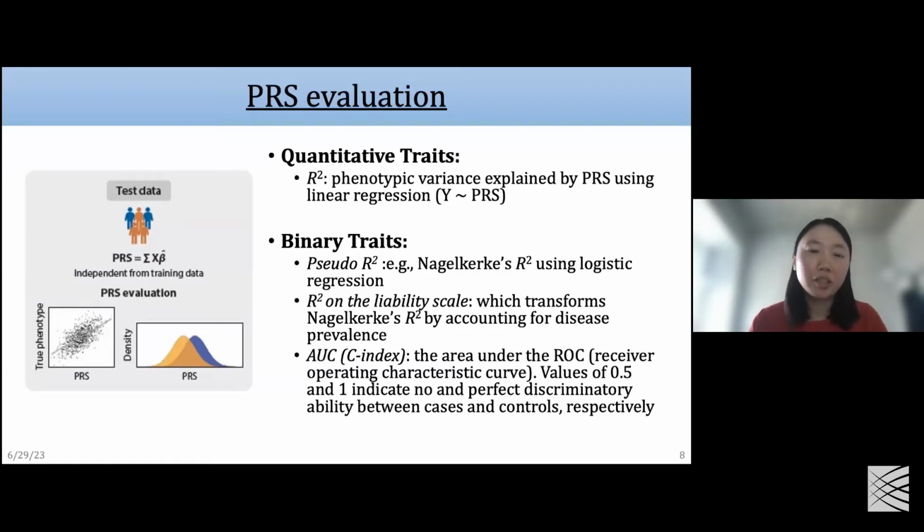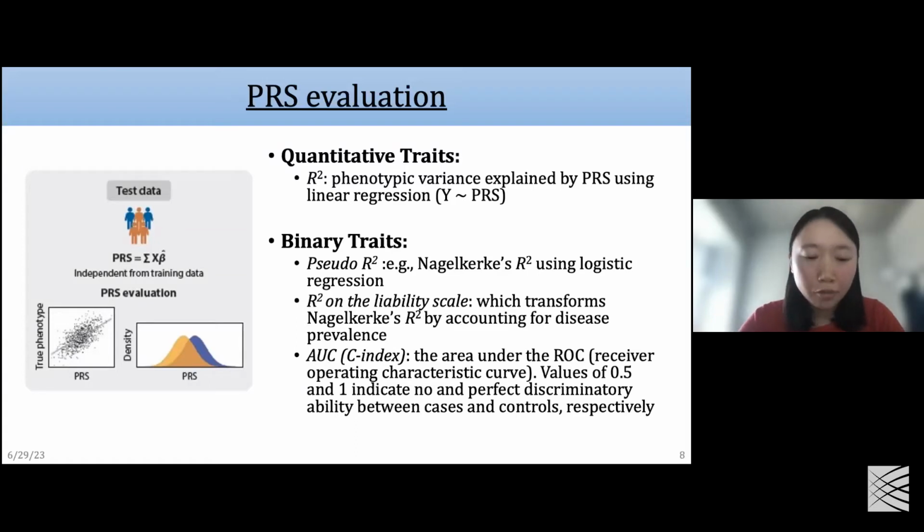We can use some pseudo R-square, but more often we use the R-square on the liability scale to account for the disease prevalence. We may also report the AUC or C-index, where values of 0.5 or 1 mean there is no or perfect power to distinguish the cases and controls.